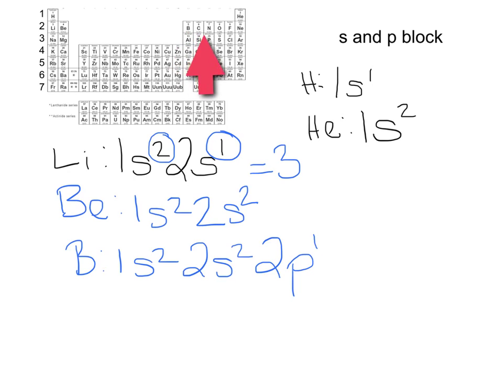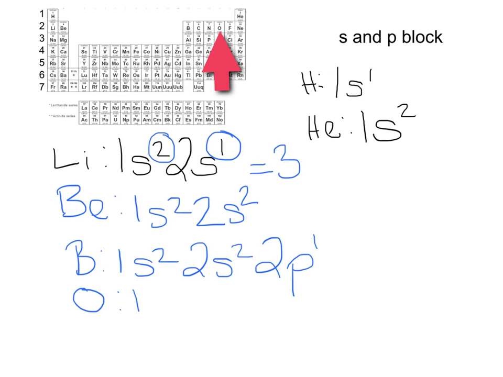So let's do some harder stuff. We'll do oxygen and then we'll skip to neon. How's that? So let's do oxygen. Are you getting the point yet? 1s2, 2s2, still in row 2, this is P block, 2p, and then I have to go over 1, 2, 3, 4.